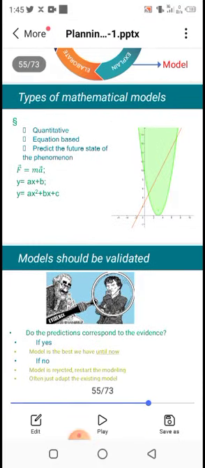Types of mathematical models you have: quantitative, equation based, predicting the future state of the phenomena. You can have physical ones like force equals mass times acceleration, y equals ax plus b, y equals ax squared plus bx plus c. These are types of mathematical models. Models should be validated.